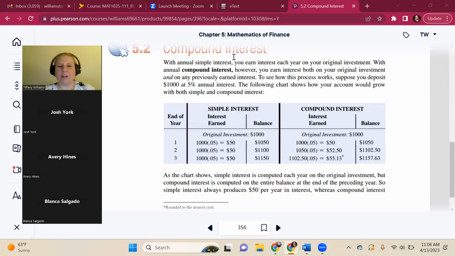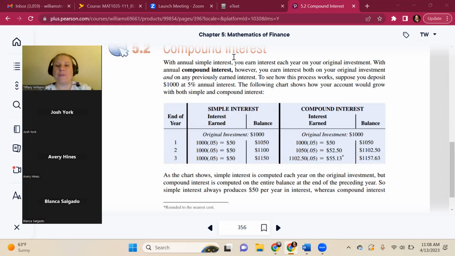Okay, so here they show us we've put $1,000 in at the beginning with simple interest, which is what we did last time. Basically, at 5%, we're going to earn $50 every year. So we earn 50, 50, 50, 50, 50. Now, it doesn't change, does it? Because it's based off of that yearly amount. With compound interest, though, we actually start to earn more because we're earning interest on the interest that we've already made.